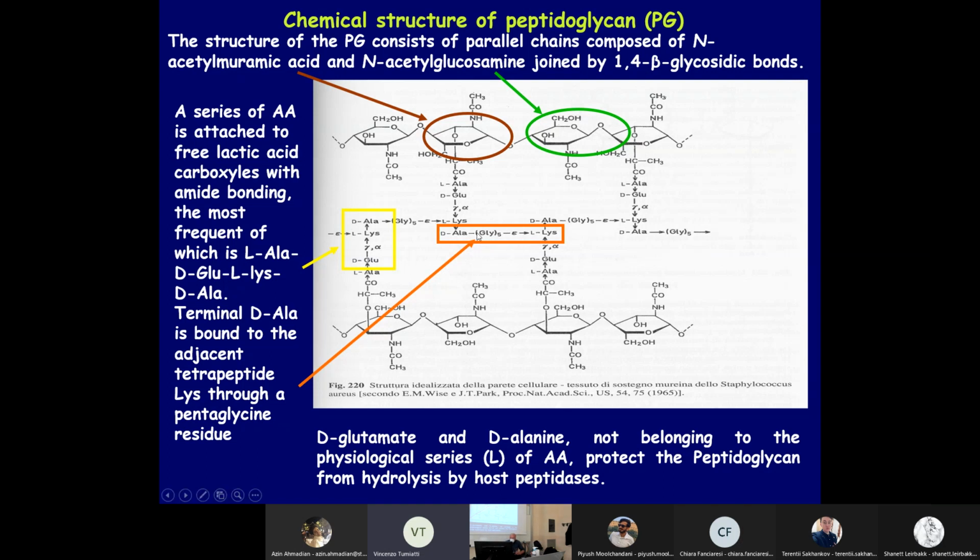This is an important point because we will see how beta-lactams block the formation of this particular bond in this position. So this is the chemical structure of peptidoglycan: a lot of sugar residues with these peptidic chains with the non-natural amino acids.